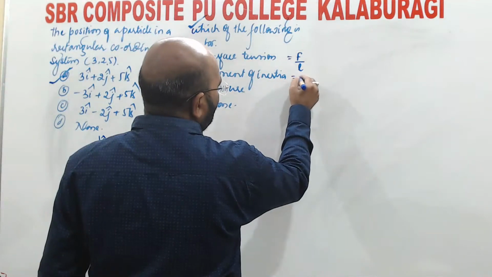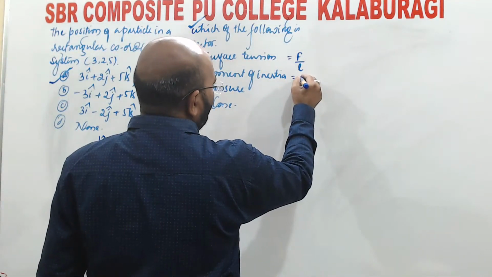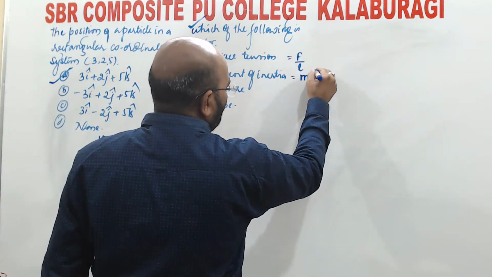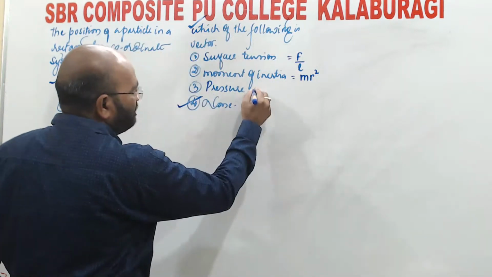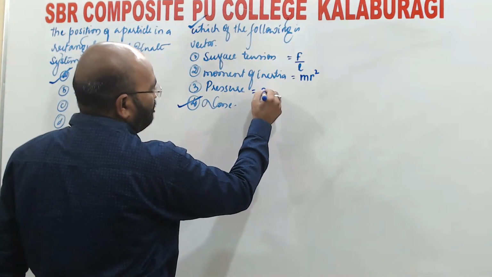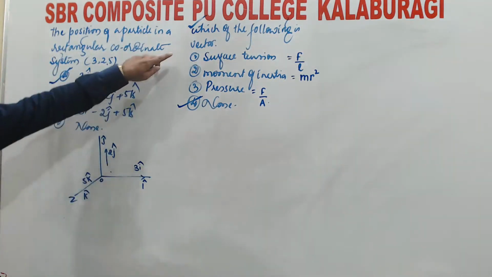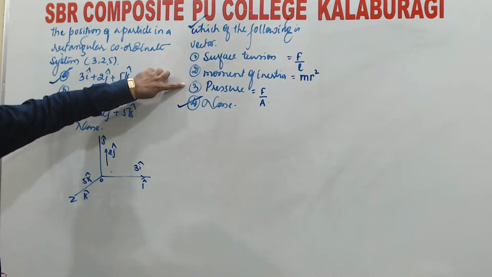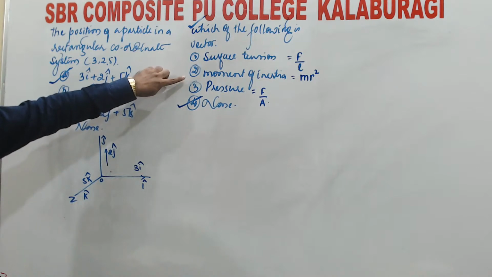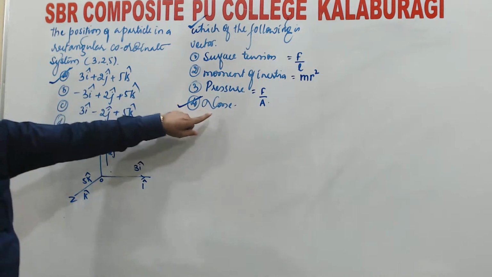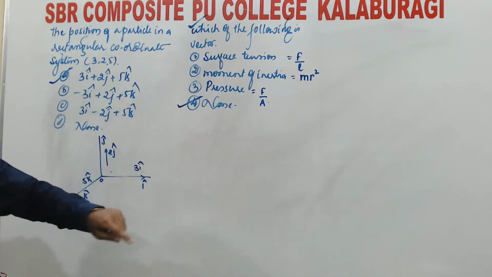Moment of inertia is the product of mass times the square of the distance. Pressure is equal to force per unit area. Surface tension, moment of inertia, and pressure are all scalar quantities. Yes, that's all, an excellent answer given by one of the students. Thank you.